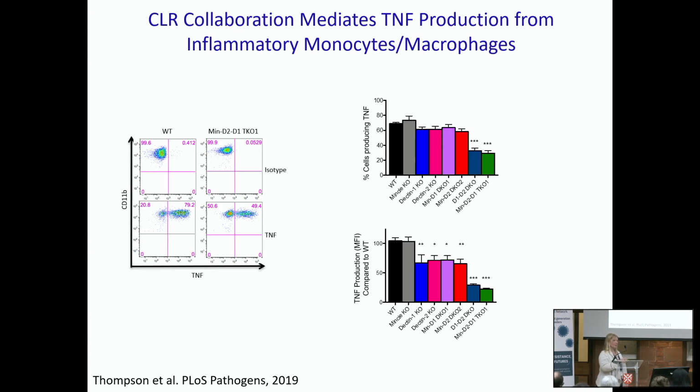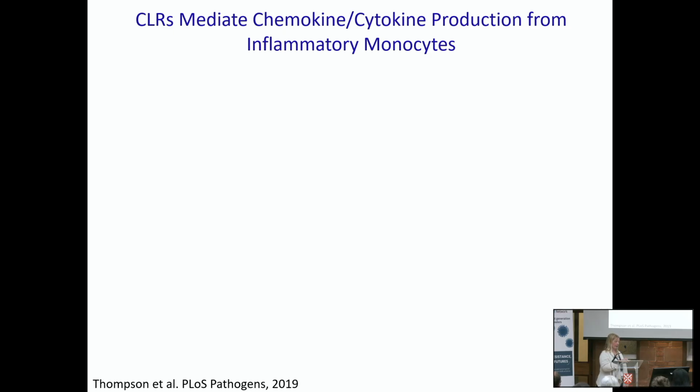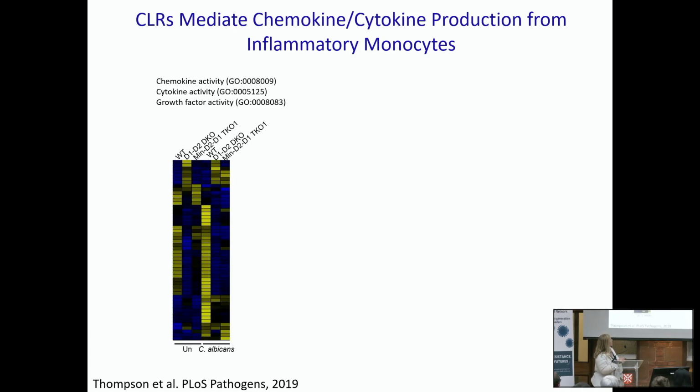So we looked more broadly then at a whole range. We did RNA-seq to look at how much was affected by the absence of Dectin-1 and Dectin-2. And we saw a lot of cytokines and chemokines were actually reduced. So then we did an analysis just looking for cytokine, chemokine, and growth factor.